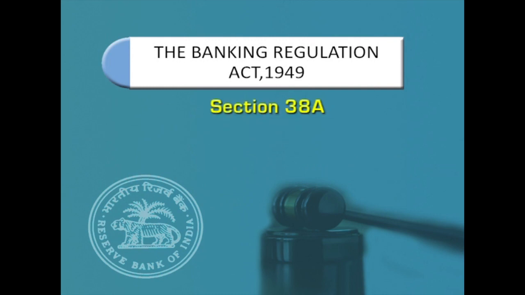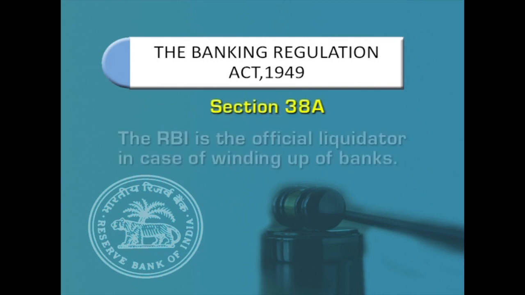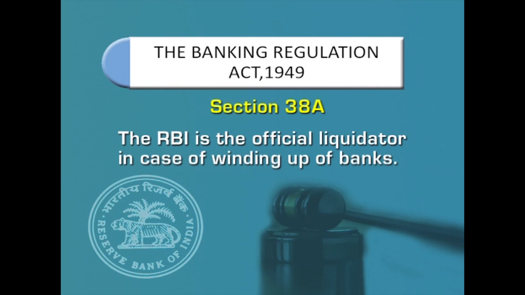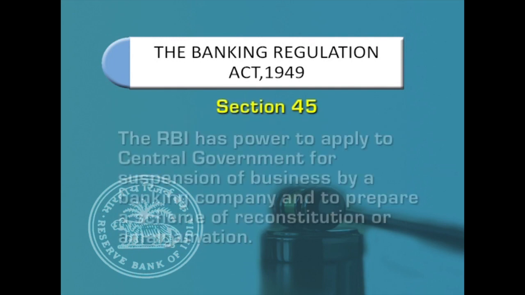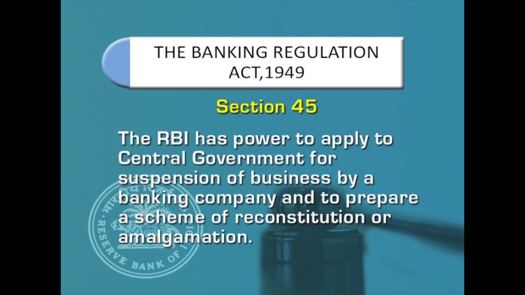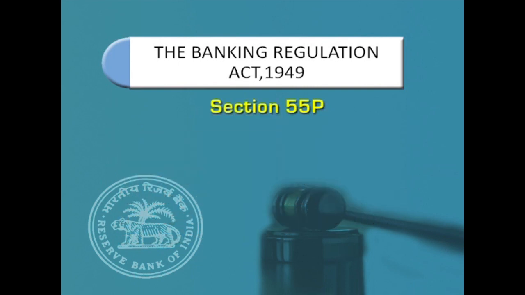6. Under Section 38A, the RBI is the official liquidator in case of winding up of banks. 7. Under Section 45, the RBI has power to apply to central government for suspension of business by a banking company and to prepare a scheme of reconstitution or amalgamation. 8.